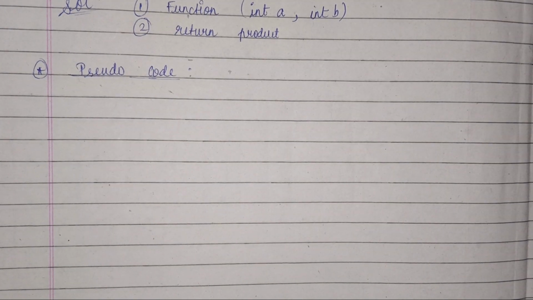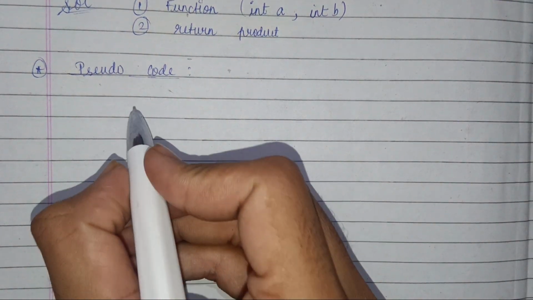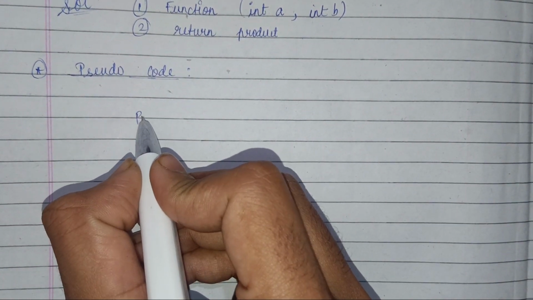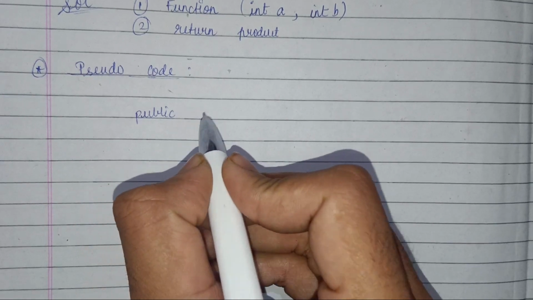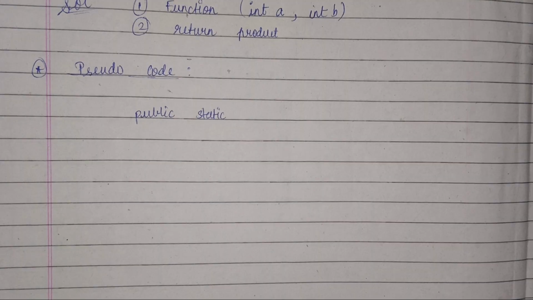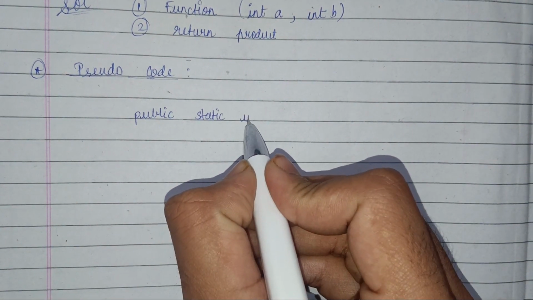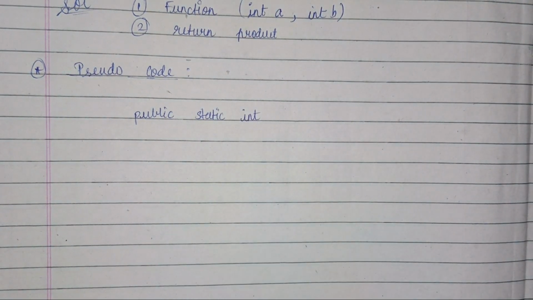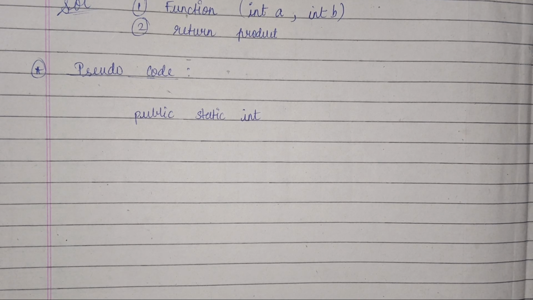First we have to create a function. public static, and take the integer for returning the value, because the product of two numbers will be an integer value, so we have to return the integer value.